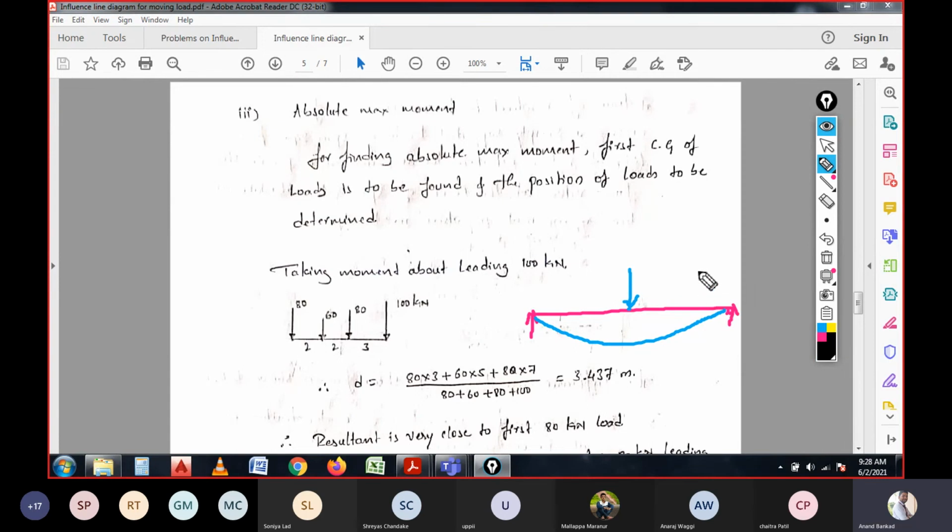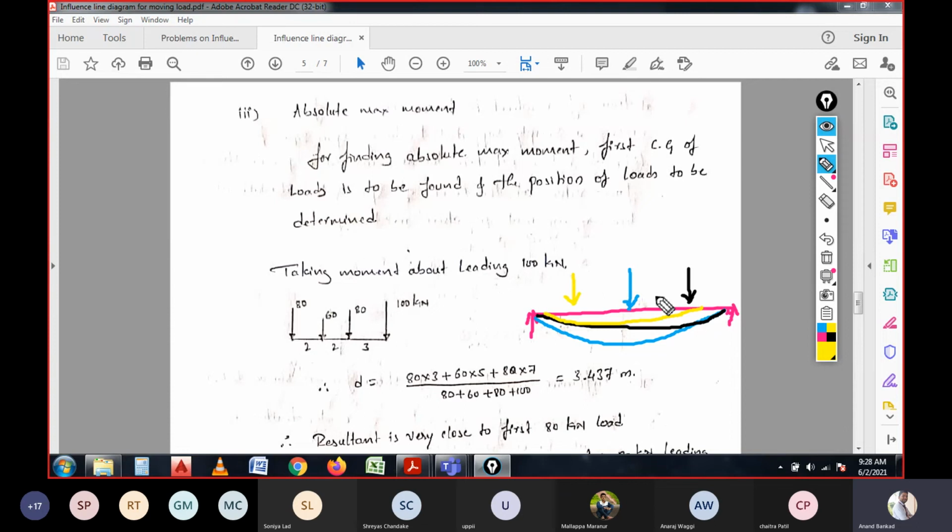And if the particular load is placed at this point, then the bending moment will be like this. And again, if the load is placed at this point, the bending moment will be like this. That means the position where you place the load matters a lot.